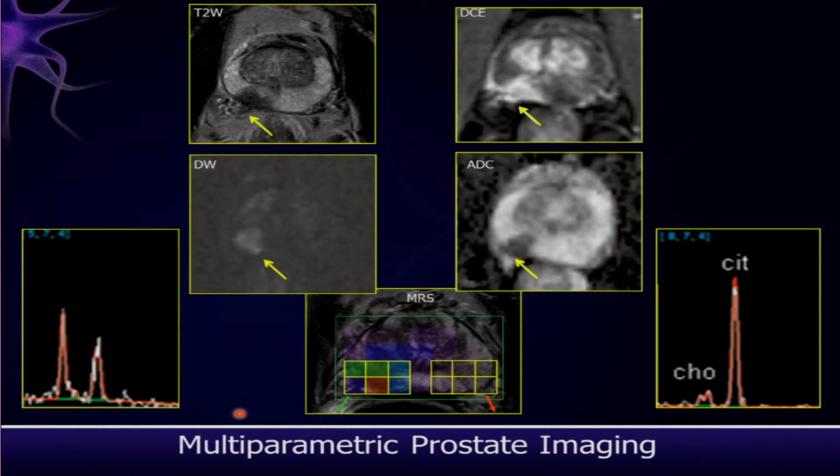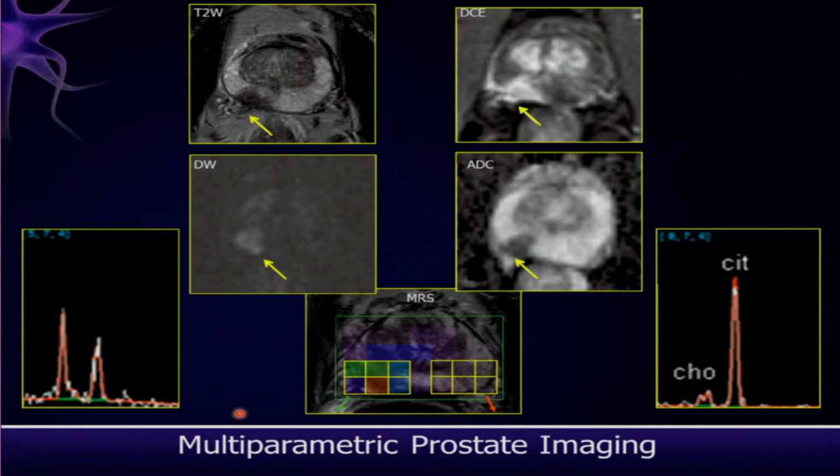Multi-parametric prostate imaging is a great achievement in this advancement. We use multiple pulse sequences to evaluate the prostate. The first one on the left-hand corner is the T2 weighted sequence, where you can see the black area. The second is the dynamic contrast enhanced scan. The third, the bottom one, is the diffusion weighted sequence.